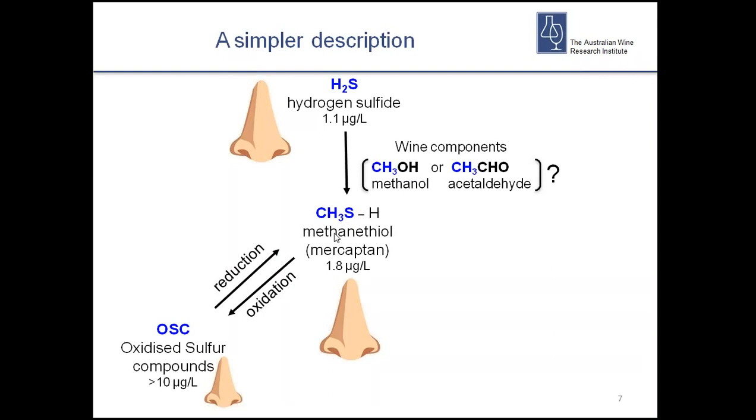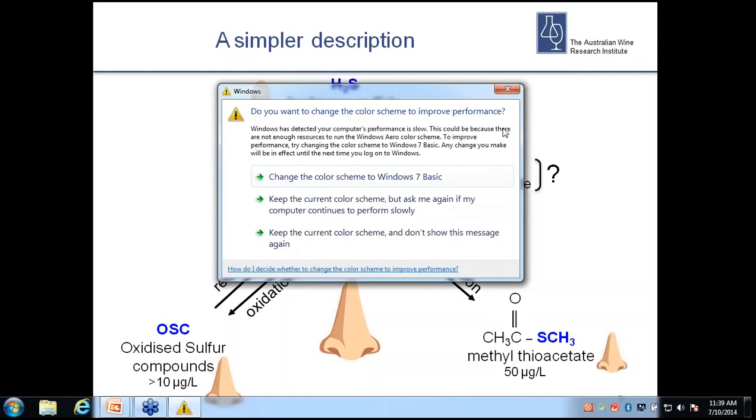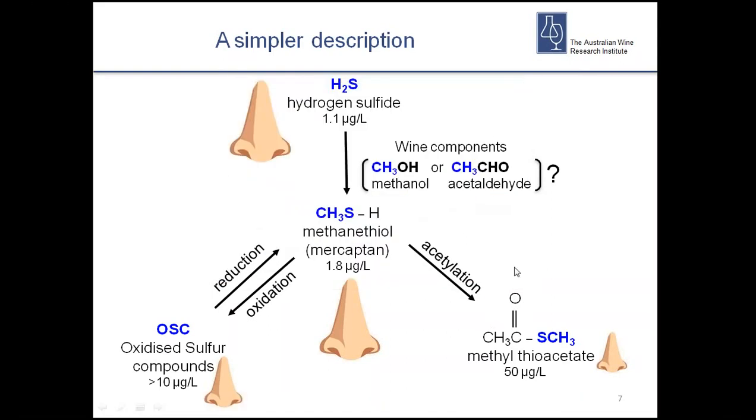methanethiol later on. And then methanethiol can also react through acetylation reactions to form our thioacetates. And if this happens, our aroma threshold will increase to 50 micrograms per liter. So the impact of the compound will be much less on the wine aroma. But once again, this isn't a stable compound, and it can be hydrolyzed back, especially at wine pH.